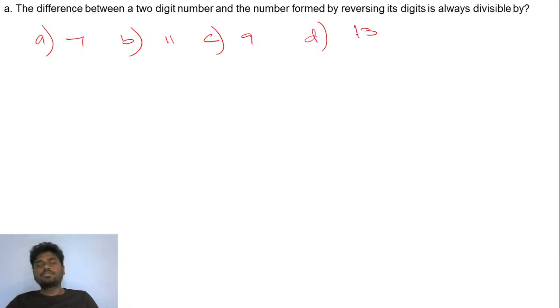These are the respective options for the given question. Try to do this. The difference between a 2-digit number and the number formed by reversing its digits is always divisible by what?